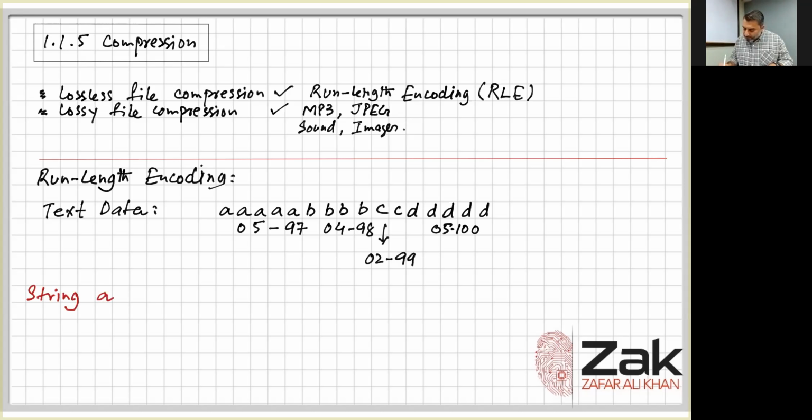A, A, 3, 4, 5, 6, 7, 8. Then 10 times B. 1, 2, 3, 4, 5, 6, 7, 8, 9, 10. Then we have the same CD thing.